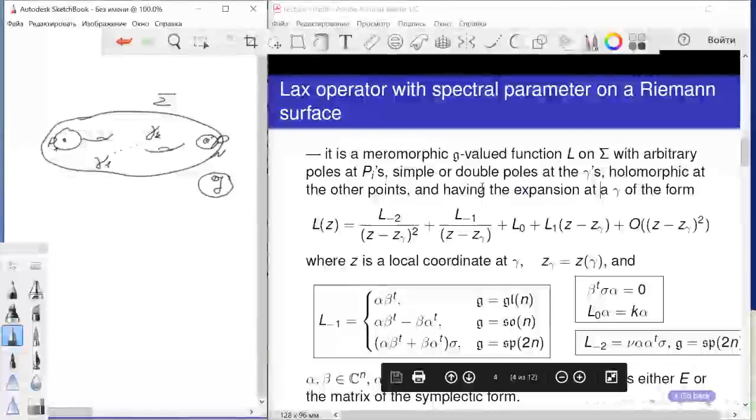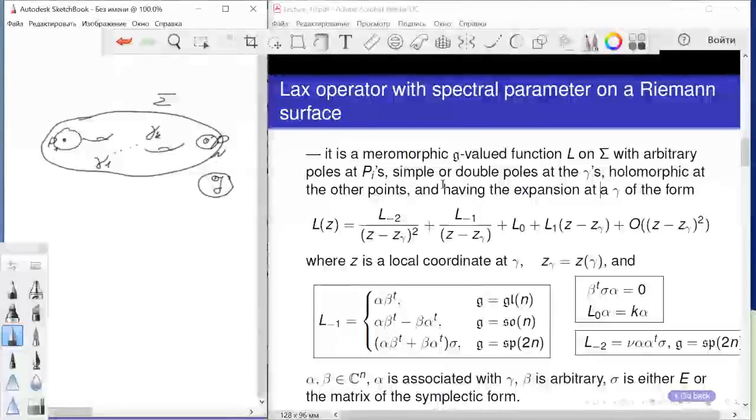First of all, I said L has simple or double poles. For this reason, I start the Laurent expansion from the term of order -2. Well, by the way, what did I say?